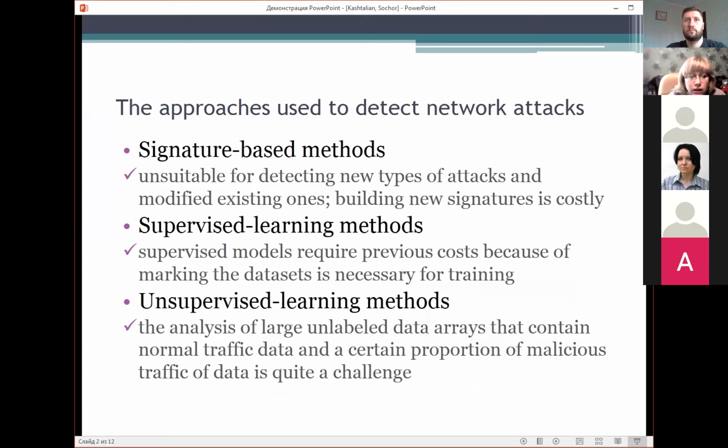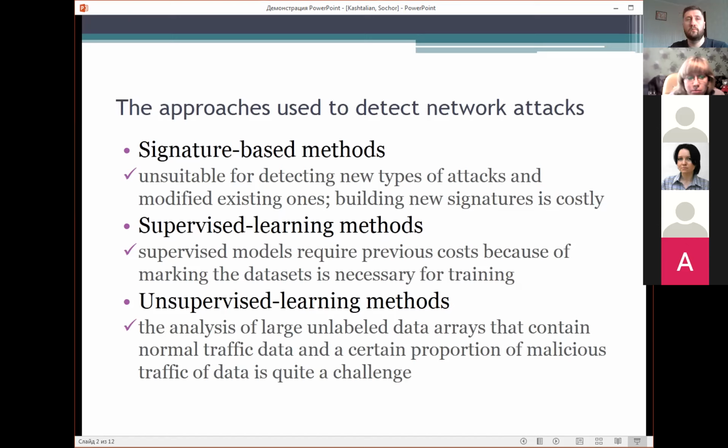Intrusion detection systems must be able to detect various types of attacks, including those about which no prior information exists. The approaches to detect network attacks can be divided into three base groups: signature-based methods, supervised learning methods, and unsupervised learning methods. Each of the approaches has advantages, but also disadvantages.